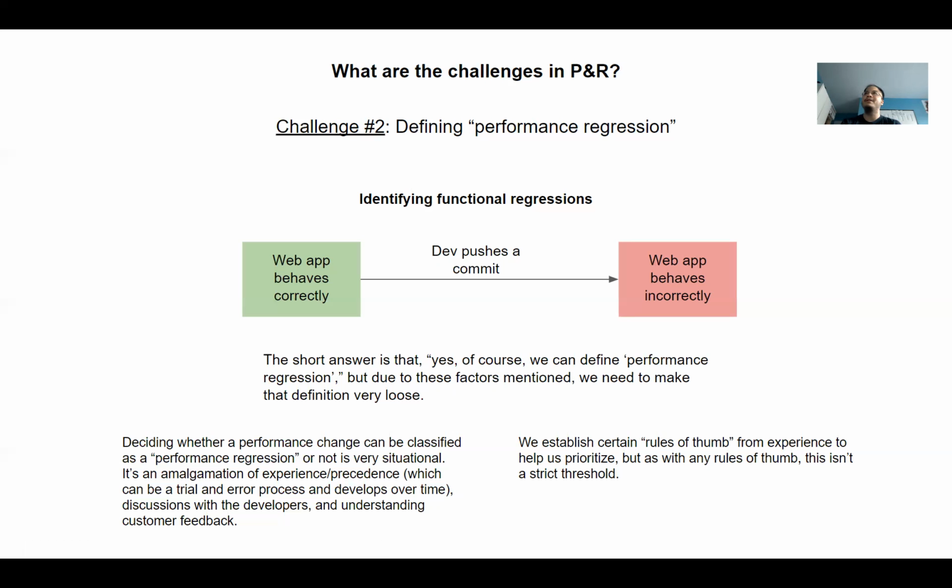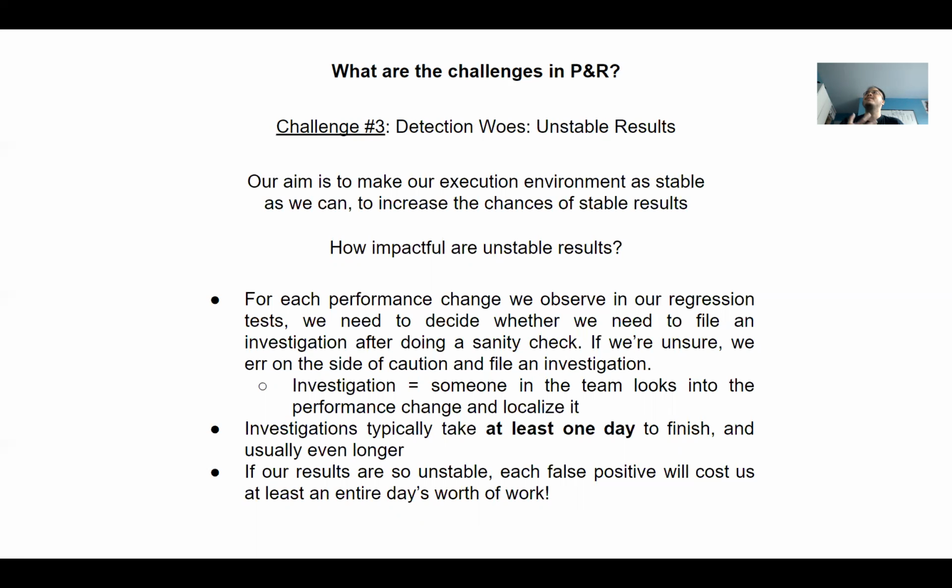So another challenge would be on the side of detection, basically. We want to make sure that our execution environment is as stable as possible because we want to make sure that the results themselves are also stable.